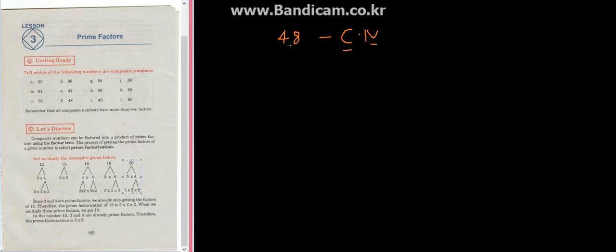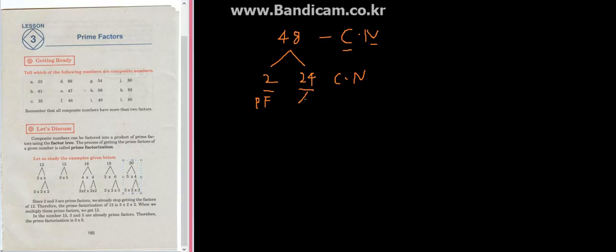So let's first divide 48 by 2. If we divide 48 by 2, that would be 24. And 2 is already a prime factor, but 24 is a composite number. So what do I do with a composite number? You do the process again.